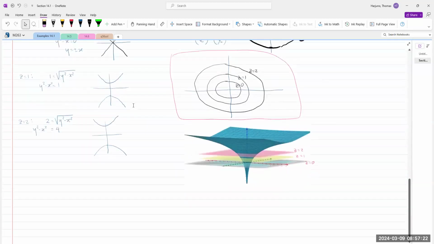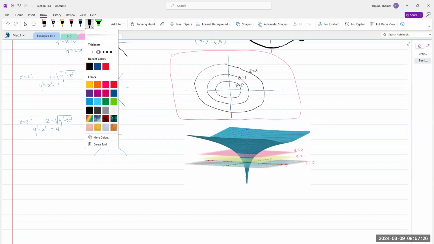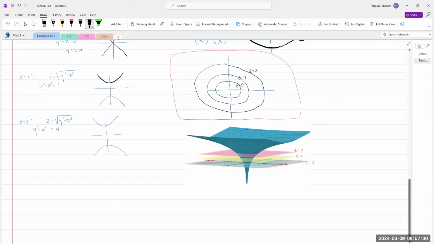If I put the contour map together, let me make it a bit thicker, then I will get something that looks like this. The following is the contour map for the level curve for z equals 0.